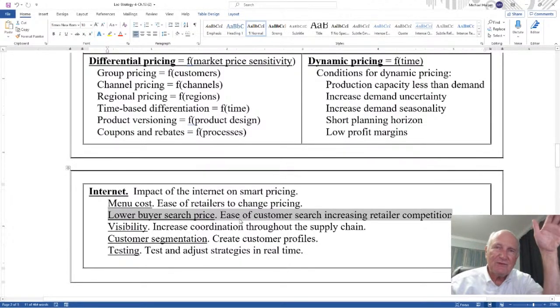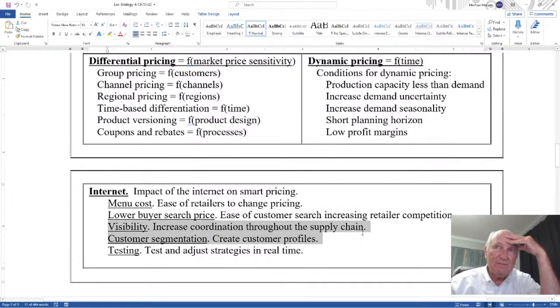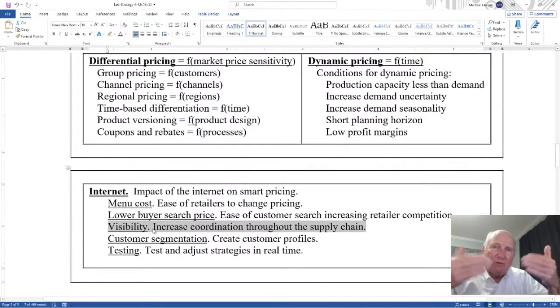It's very easy for the customer to search around, and that benefits the buyer. Visibility: increased coordination throughout the supply chain, like tracking. You have a tracking number that tells you exactly where it's at. Well, that increases visibility, and that increased visibility is increased customer satisfaction. You know exactly where it's at and when it's going to be here, so you anticipate it.